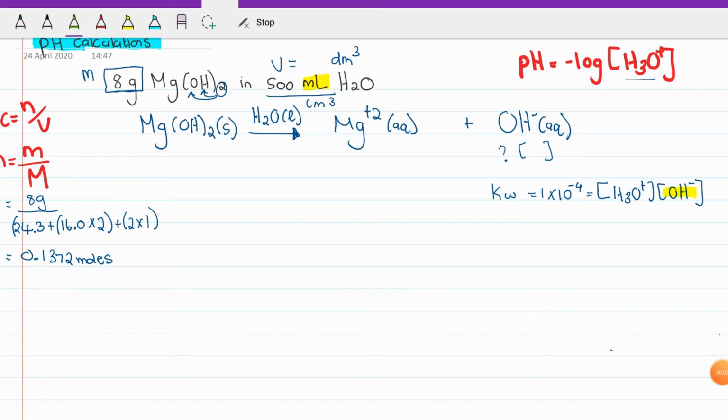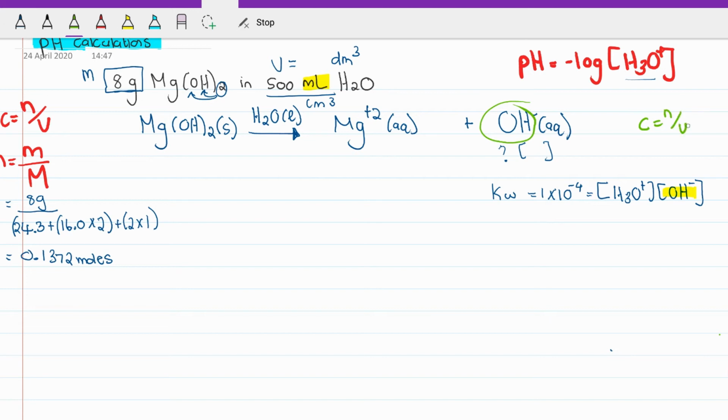Great. So now that you have your moles of your magnesium hydroxide, you can now do a molar ratio sum where you work out the moles of the hydroxide ions. If you can work out the moles of the hydroxide, you get the concentration of your hydroxide. So the first thing before you start calculating your moles is to make sure that your reaction equation is balanced.